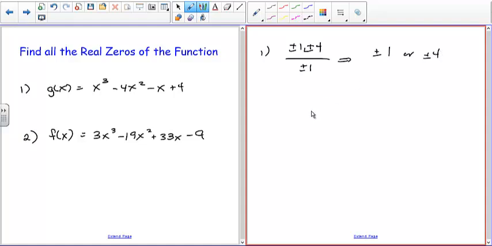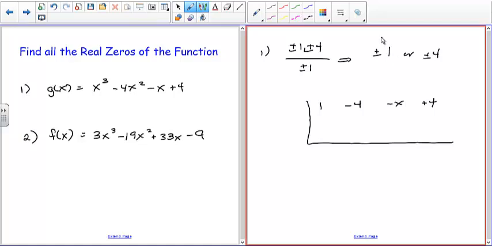So then normally what you do, because we're talking about factors here, is use synthetic division to see if any of these are zeros. You do that by taking the original polynomial, which in this case is a third order polynomial, and you try either plus 1, minus 1, plus 4, minus 4, and because these are zeros, you just use the same sign.